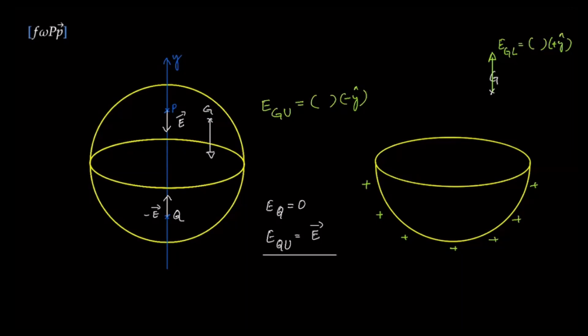Let us look at the final point B on the base. The electric field at B could point in towards the center of the circle or away from it. Now, it cannot have a tangential component out there. Why is that? If it were to have a tangential component, then every point on the circle out here would have a tangential component.